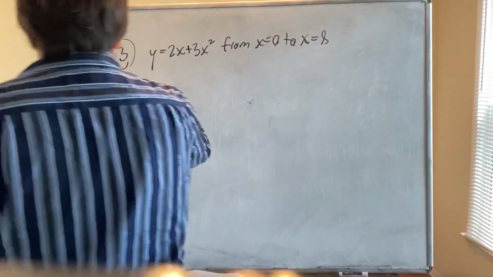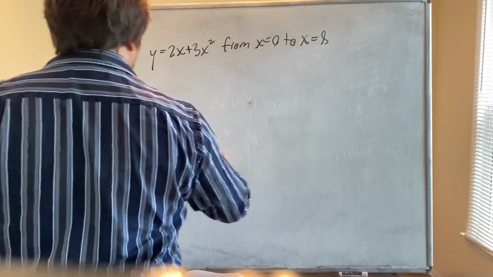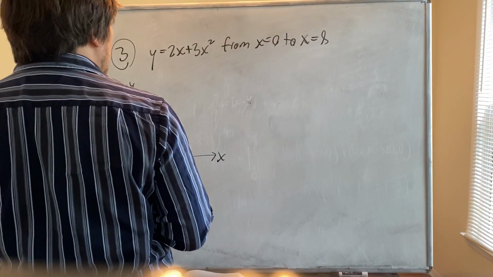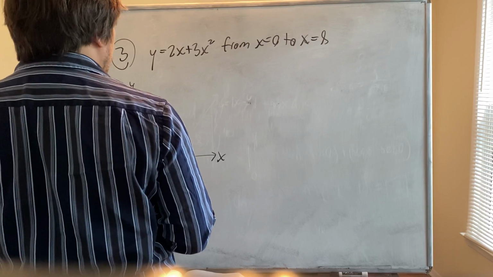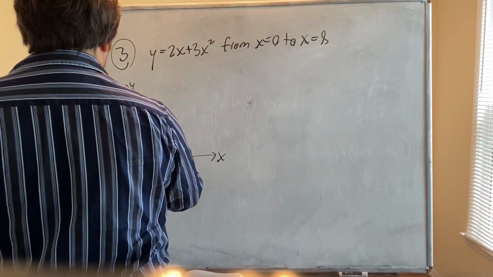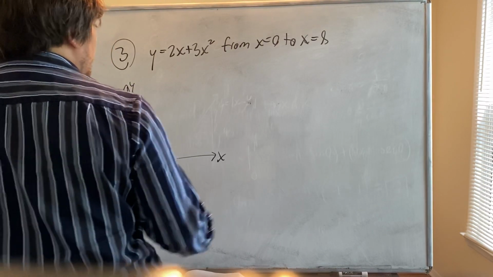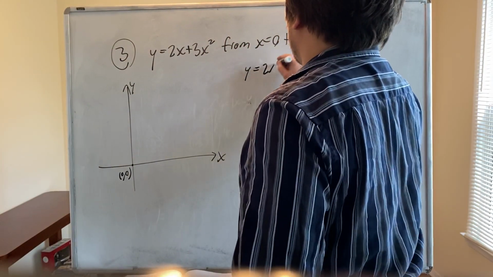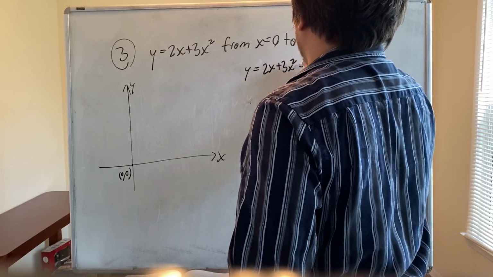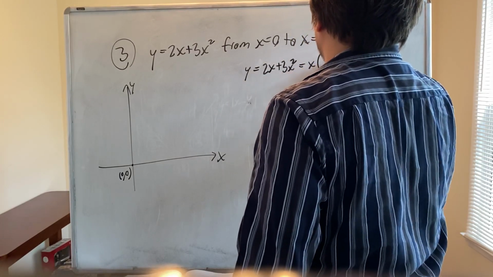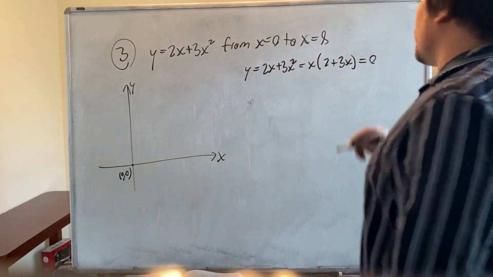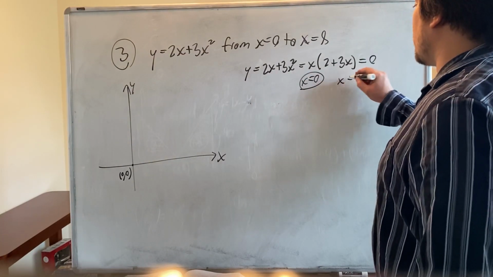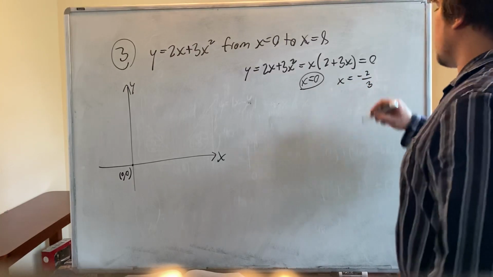We have the x-axis and the y-axis, and the graph crosses the x-axis at the origin, 0, 0. If you write y equals 2x plus 3x squared and factor out the x, you get x times 2 plus 3x. You set that equal to 0, and you'll either get x equals 0 for this factor, or x equals negative 2/3 for that factor.